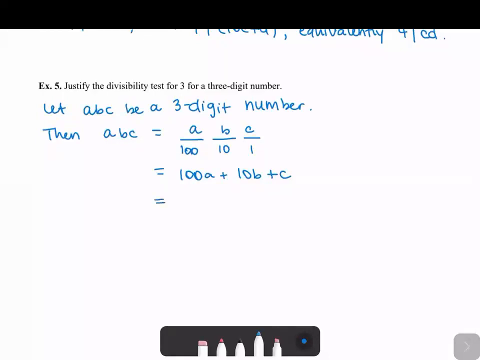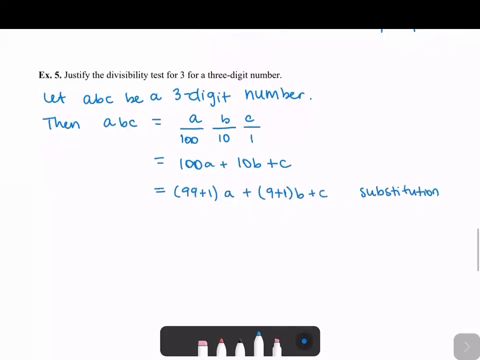So we can say that this is (99 plus 1) times A plus (9 plus 1) times B plus C. And this is just using a substitution, where we substitute 100 is 99 plus 1 and 10 is 9 plus 1.